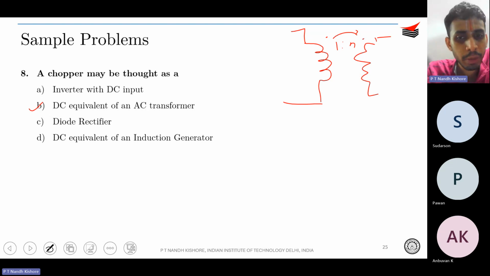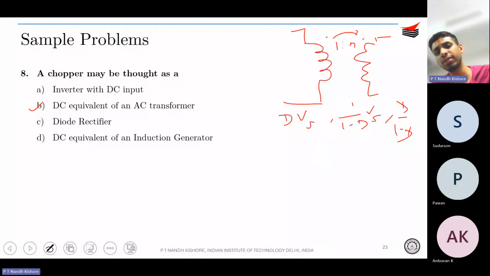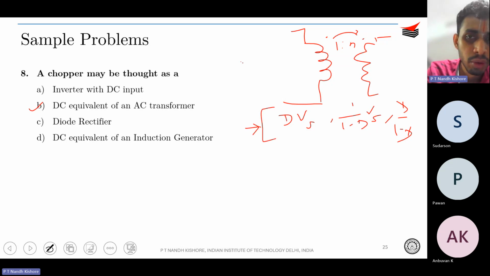So what a chopper is doing, buck, boost or buck-boost, it will give you D times Vs or 1 by 1 minus D times Vs. So that's a buck or a boost, step down or step up, or both. You're operating largely within these duty ratios: D times Vs, 1 by 1 minus D times Vs, or D by 1 minus D times Vs. So basically what you're doing is modulating your input voltage.